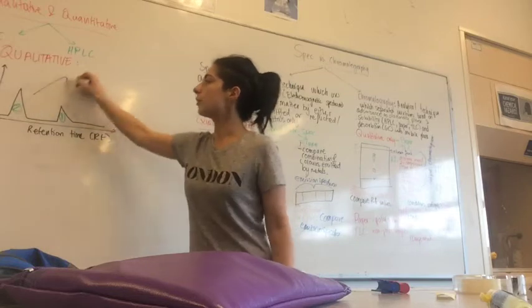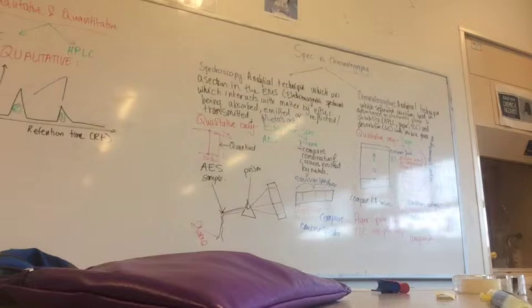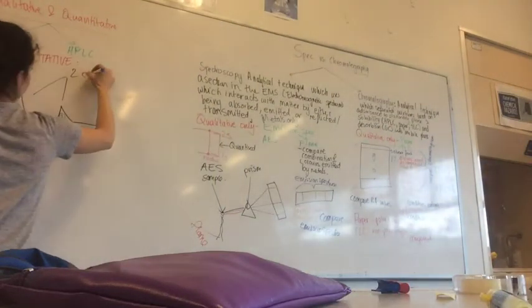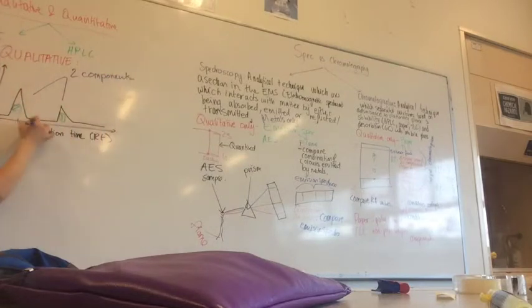So, what could you conclude from this though, qualitatively? There are 2 components. Yes, very good. But what could you determine, let's just say 6. What could you determine from that retention time?